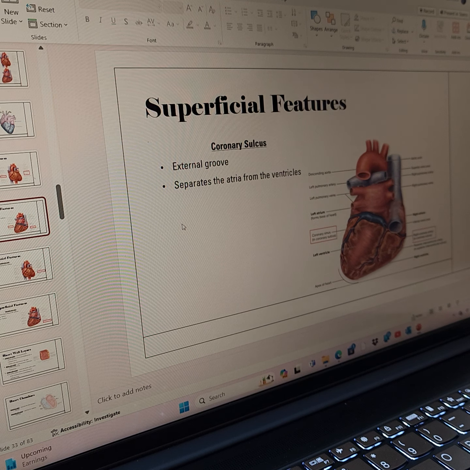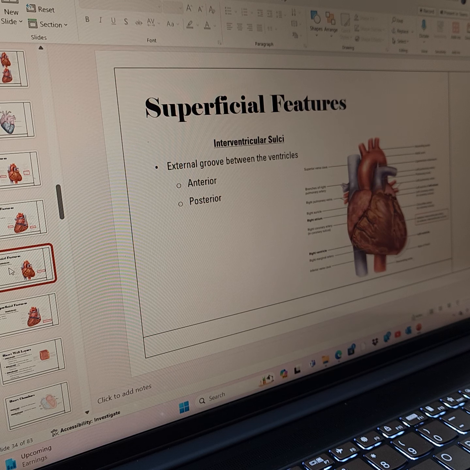Very large external groove. That's going to be one of the mainstays. Interventricular sulci. This is the external groove between the actual ventricles. So when it's talking about interventricular sulci, it's mainly exhibited on the left side for some reason, anterior and posterior.